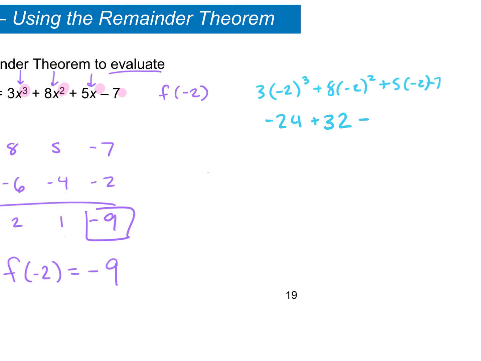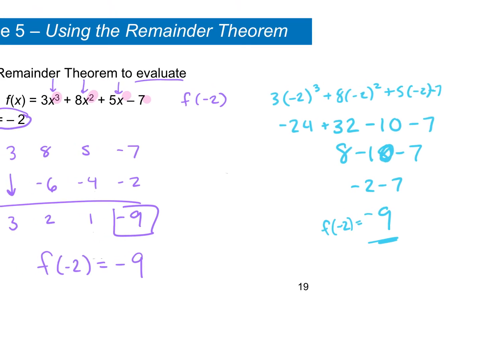Negative 2 times 5? Negative 10 minus 7. Negative 24 plus 32 is 8, minus 10, minus 7. So this would be negative 2 minus 7, which is negative 9. Got the same answer. So when I plugged in negative 2, I got negative 9.